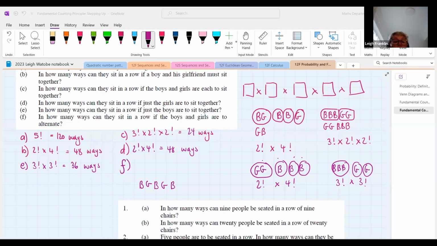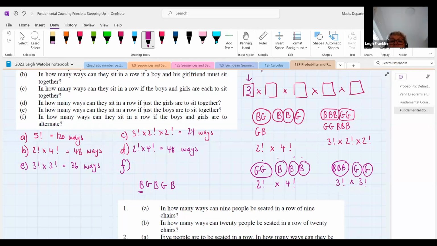So we know that the first seat, the first place over here, has to be filled by a boy. How many boys do we have to choose from? With 3 boys, okay? So there are 3 ways in which we can fill the first seat. There's a boy who's now sat down.